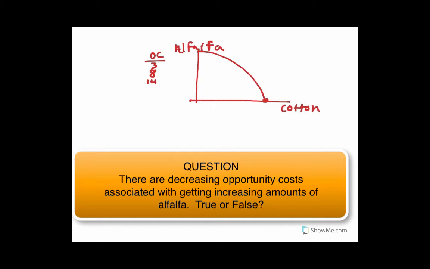If we move them from producing cotton, which they probably aren't very good at, to producing alfalfa, we can move up in alfalfa a lot without decreasing our cotton a lot, which is why the opportunity cost is only 3. But as we try to move more and more resources from cotton to alfalfa, it becomes harder and we're having to use people who are better at producing cotton and not so good at producing alfalfa. And so these opportunity costs become increasing, not decreasing. So this would be false.